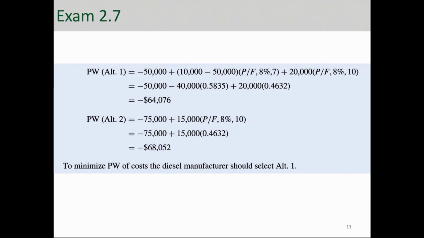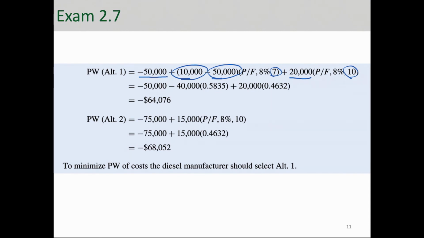For alternative 1, we have the initial investment. And then at year 7, you sell the first machine for $10,000, but you would have to purchase the second one, and that's a negative $50,000. Then at the end of year 10, you have the terminal value of $20,000.